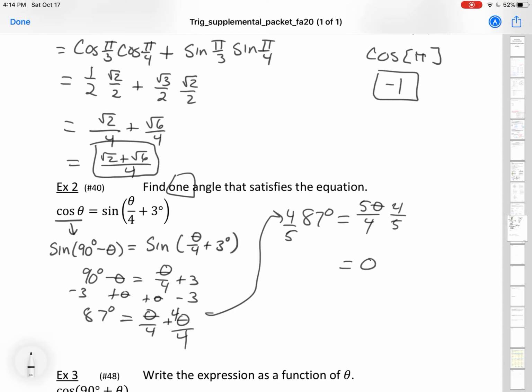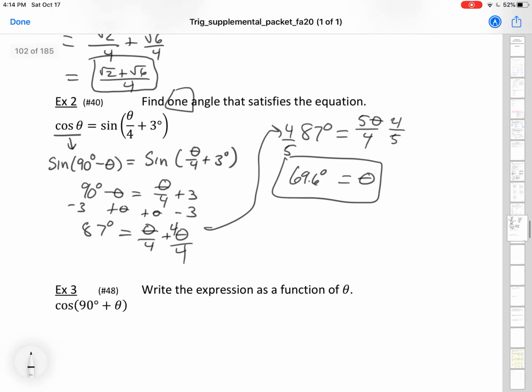And using a calculator, 87 times 4 divided by 5 is 69.6 degrees. Now they may list it as a fraction, but it did work out to be exactly 69.6 degrees, or its fractional equivalent in the back.